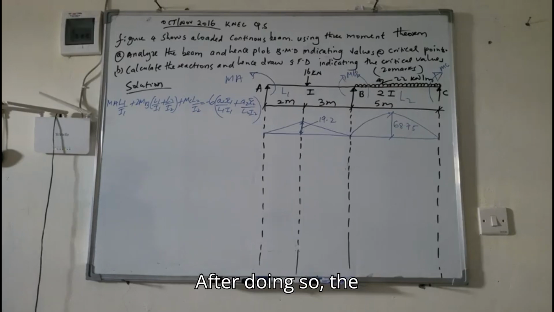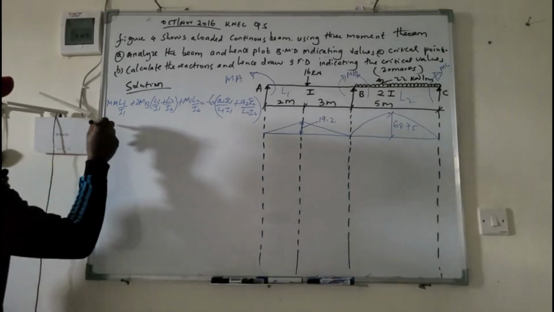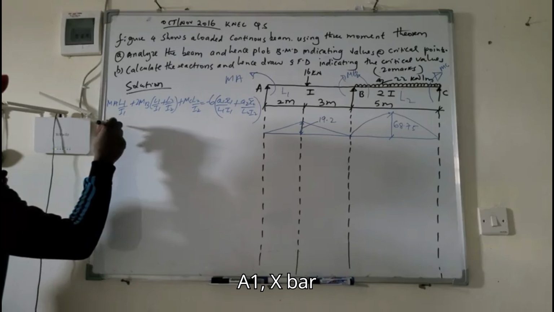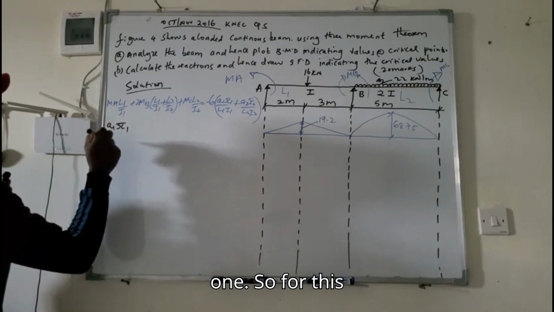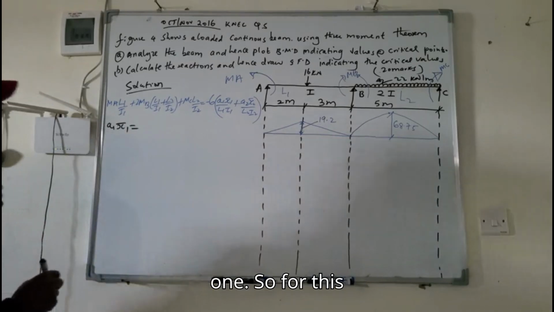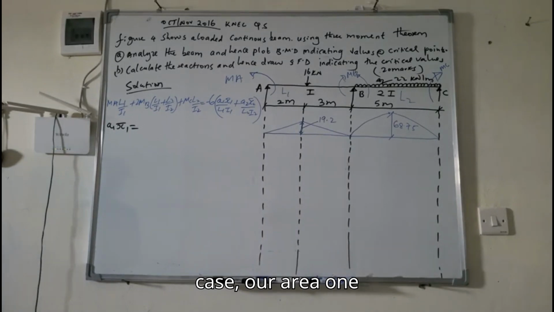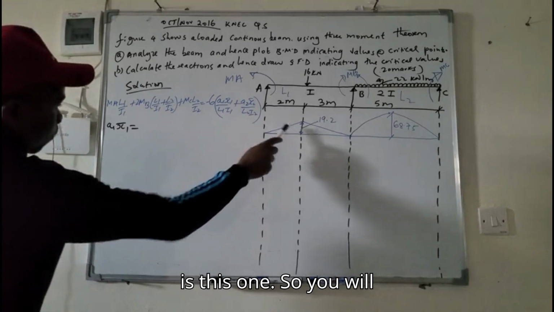So after doing so, the next thing to do is to calculate A1 X bar 1. So for this case, our area 1 is this one.